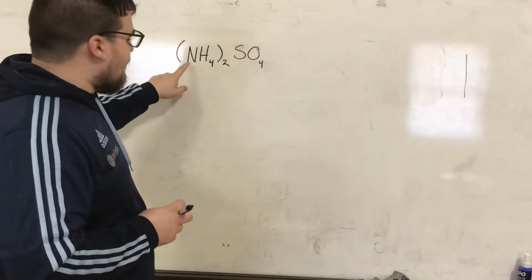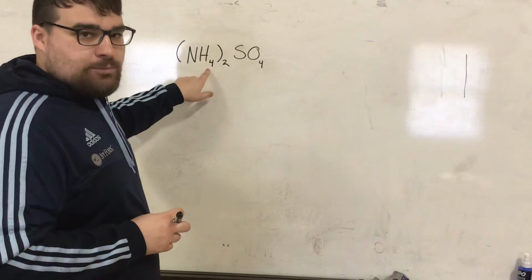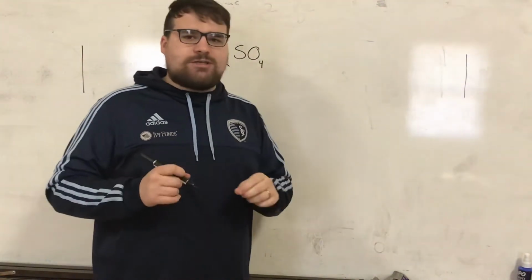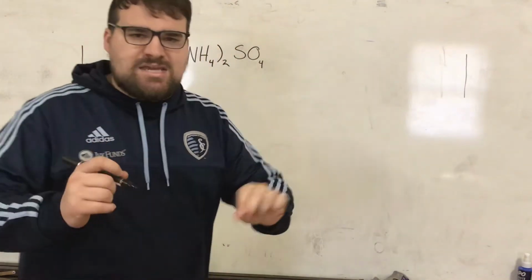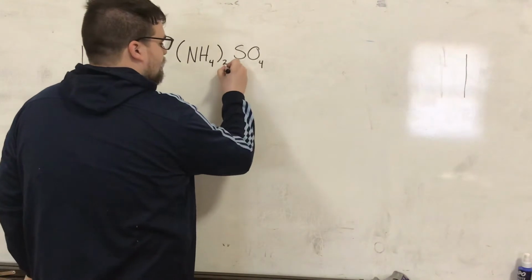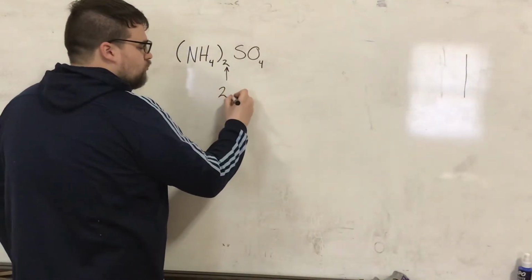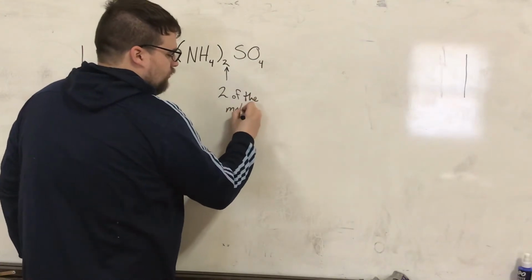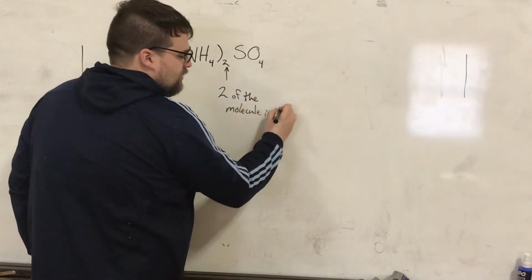However, we have NH4 in parentheses, and then we have a 2 outside of that. So the question is, what does that mean? What this 2 tells us is that there are 2 of the molecule in the parentheses.